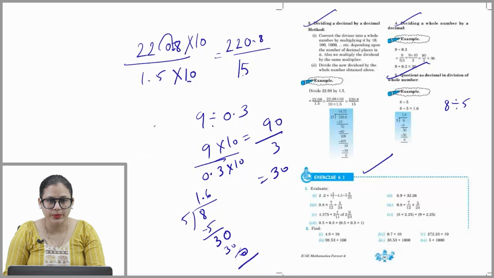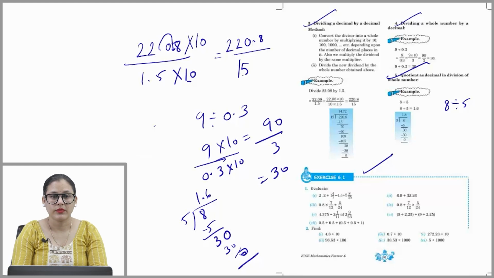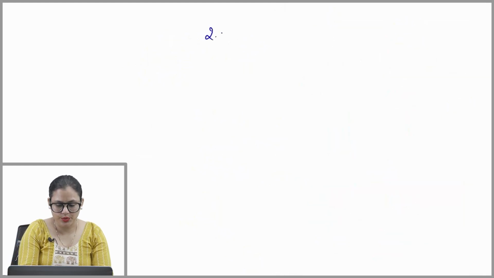We have to evaluate 2.2 plus 1 4 by 7 minus 4.5 plus 2 8 by 35.